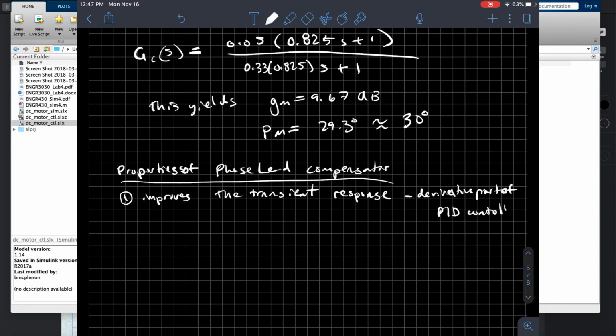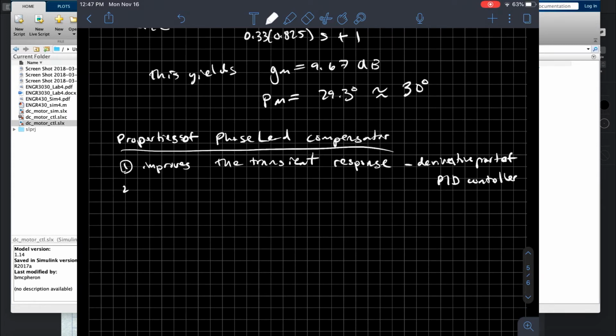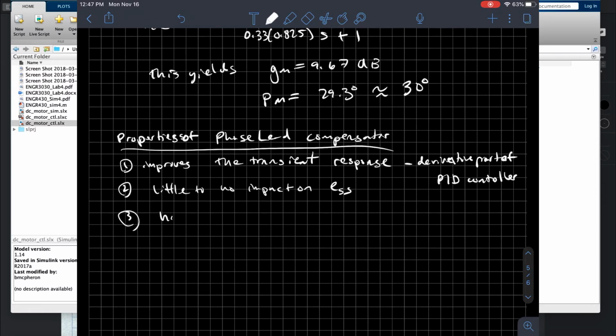And it's actually better than the derivative part because it doesn't have a 0 located at 0, which affects the magnitude and phase for all frequencies. The second part of this is that it has little to no impact on steady state error. And thirdly, this acts like a high pass filter. So what it does is it will potentially attenuate low frequency stuff but allow higher frequency stuff to pass just fine.